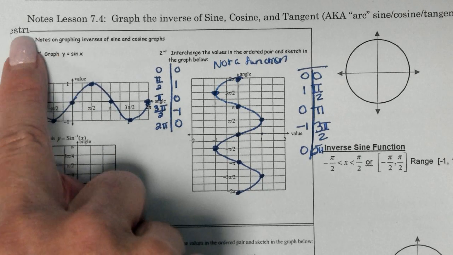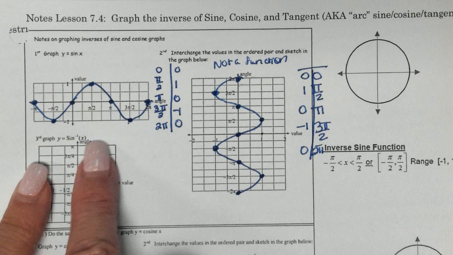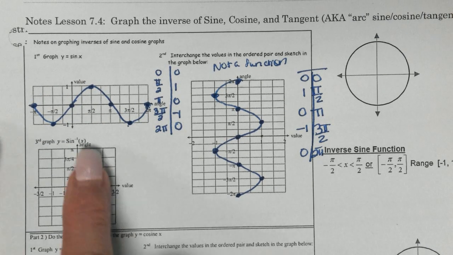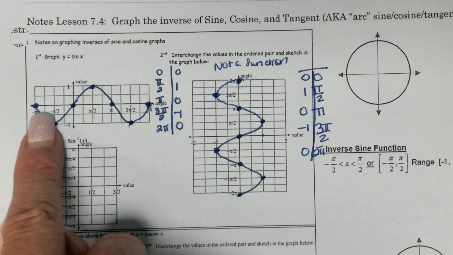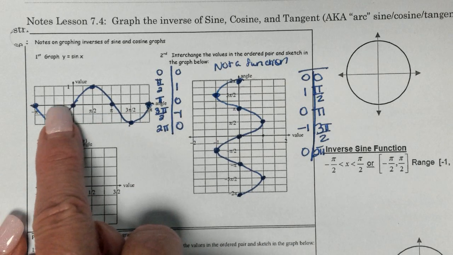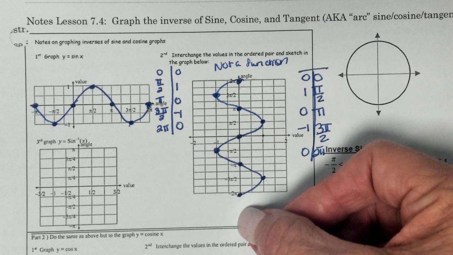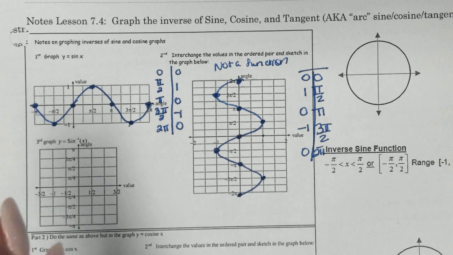We had to do something with these domains. Do you remember what it was? Because if it doesn't pass the horizontal line test of the original function, it's not going to pass the vertical line test. So we had to restrict the domains.